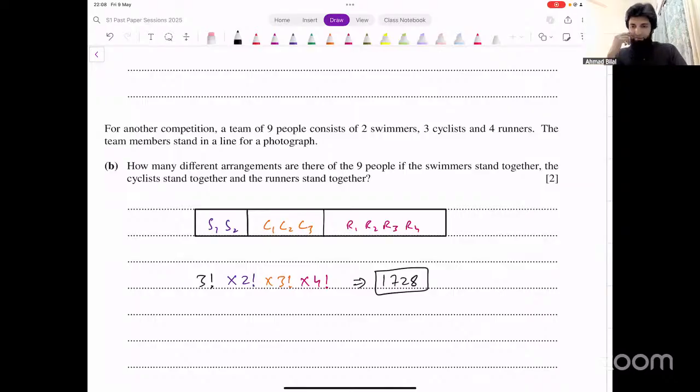Won't we divide for identical? What's identical here?